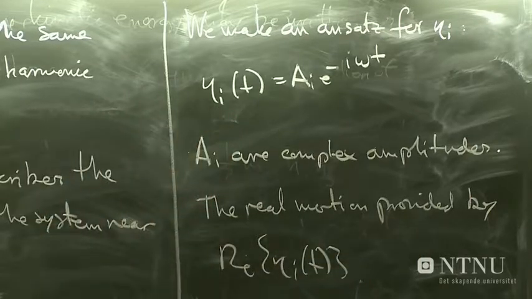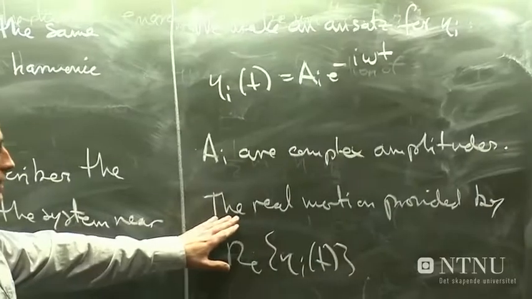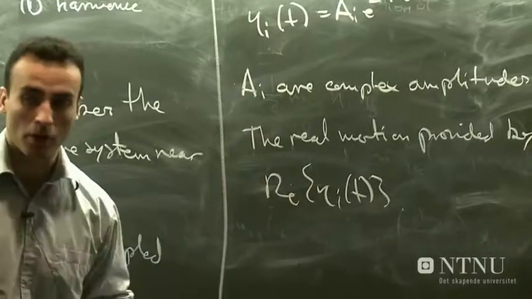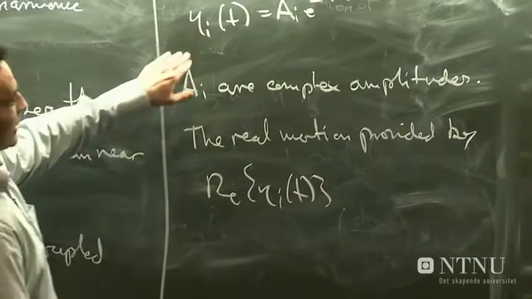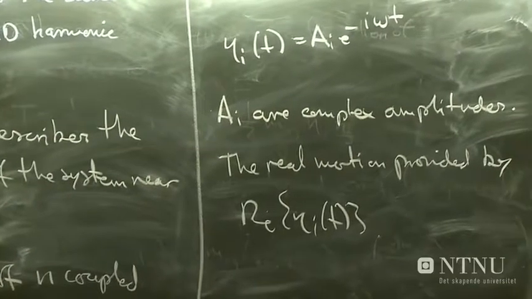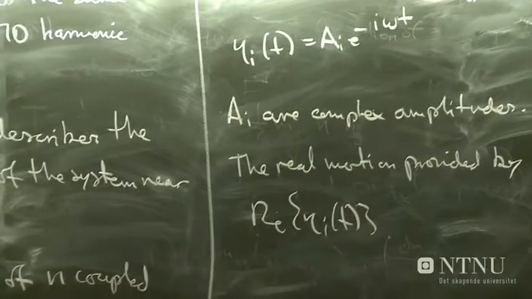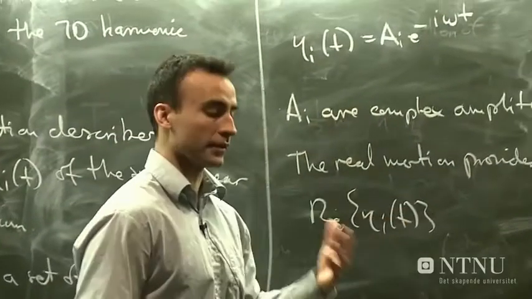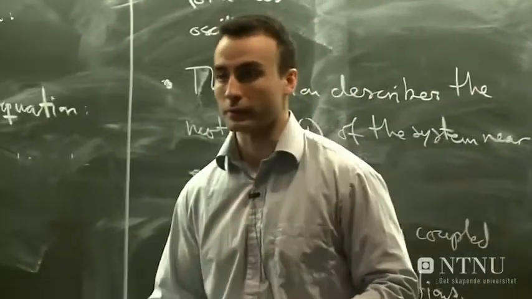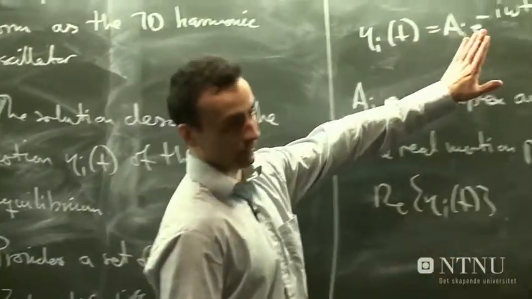And let me just underline that the real motion is provided by the real part of eta. We're just using an imaginary representation to make the calculus a bit simpler. Instead of dragging along all these cosines and sines and combining them with trigonometric rules and getting a headache, we're just writing them in a compact notation like this.